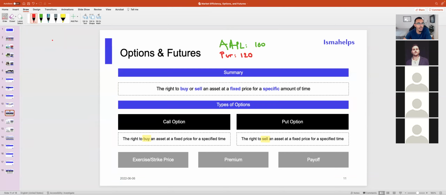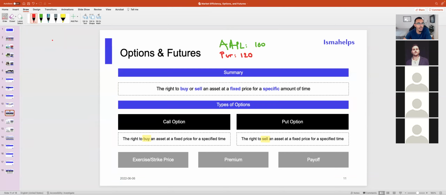So the stock price in the market is $100 and you could sell it at $120. Exactly. And how much money are we making on this sale? We're making $20, because you're selling it at a price that's much more than that of the market.